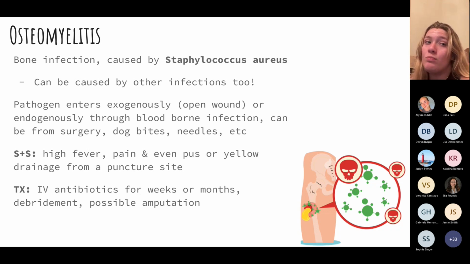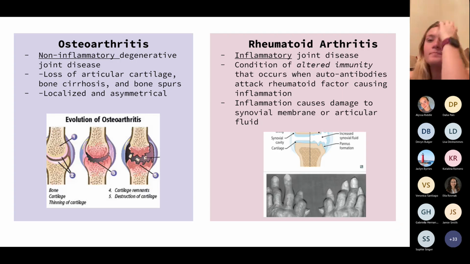They might even need bone debridement and possible amputation. They might require 6 months worth of antibiotics, but they have to be IV. So usually with these patients, if they meet the criteria, meaning they don't have a history of drug use and there's a safe place for them to go home to, we can actually send them home with a PICC line where they can give themselves their antibiotics.